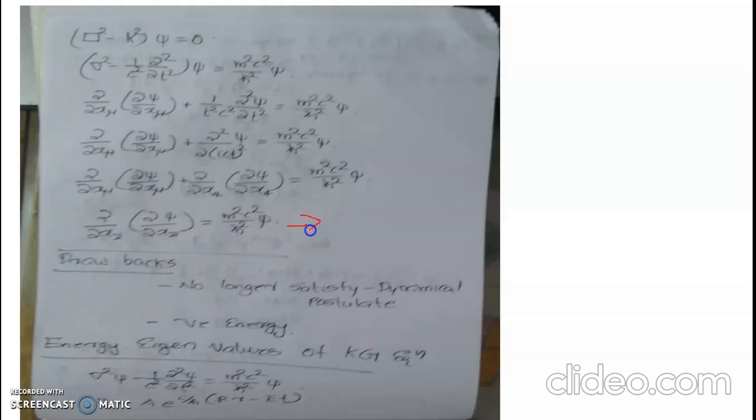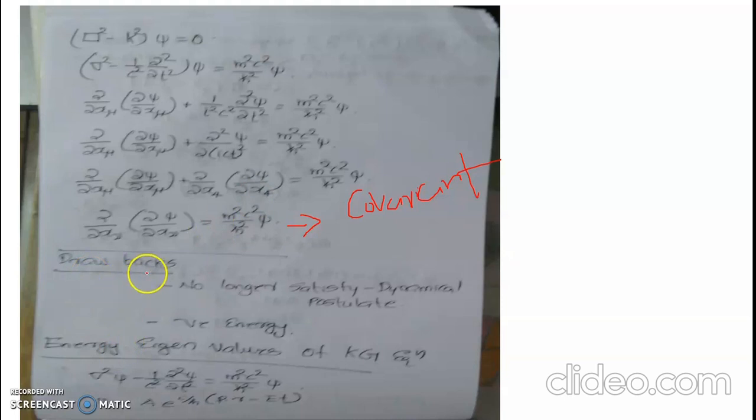And this is the covariant tensor representation of the Klein-Gordon equation. The covariant representation of the Klein-Gordon equation gives us the idea that it is invariant under Lorentz transformation, that is, it satisfies the Lorentz covariance condition required of a relativistic wave equation.